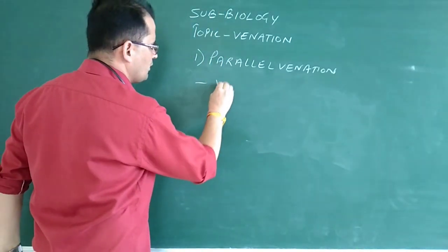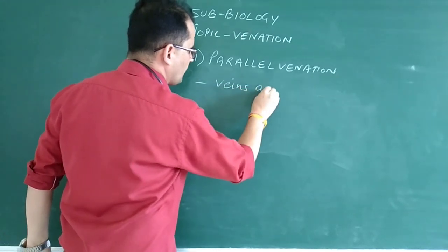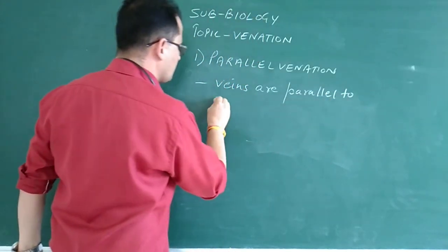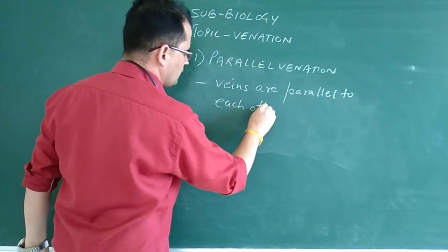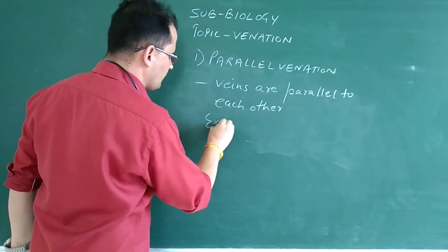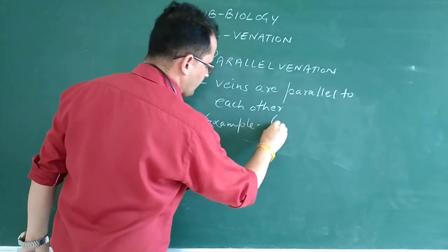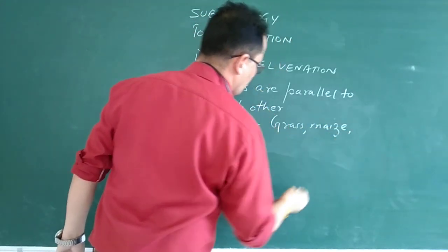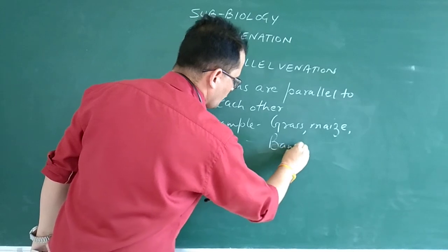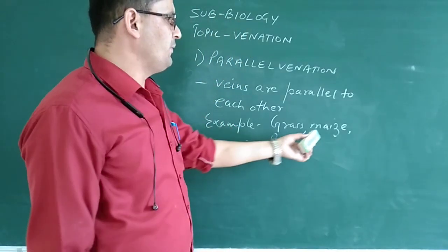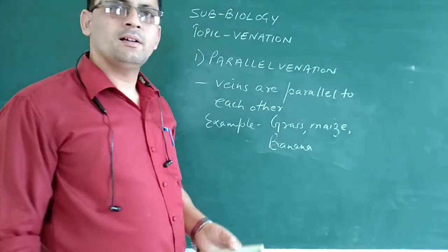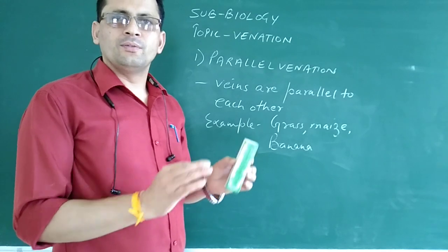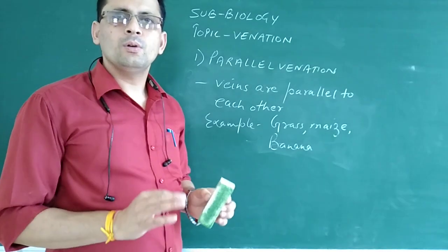Examples are grass, maize, banana. So the leaf of grass, the leaf of maize, the leaf of banana show parallel venation. It means in the leaf of these plants, the veins are parallel to each other.